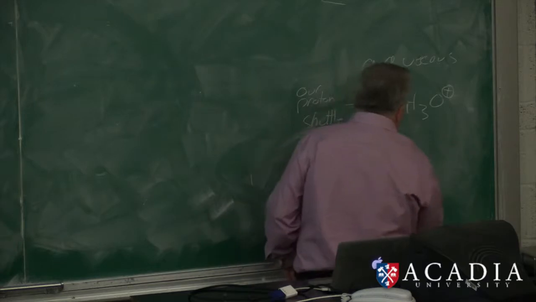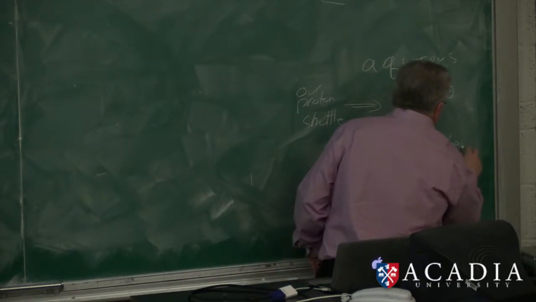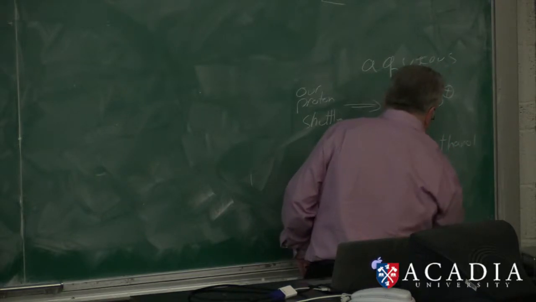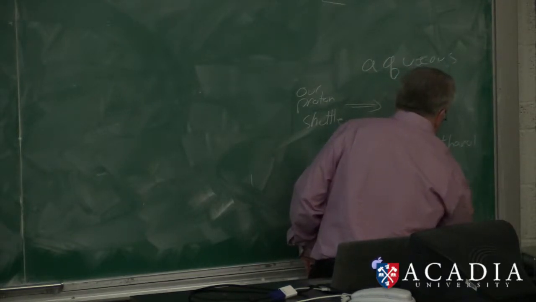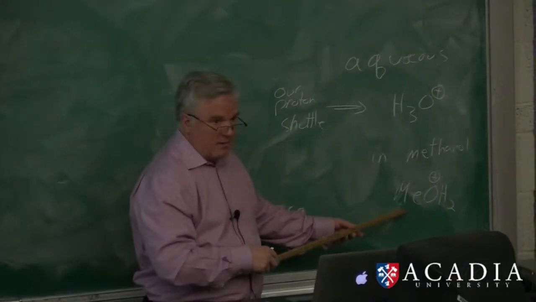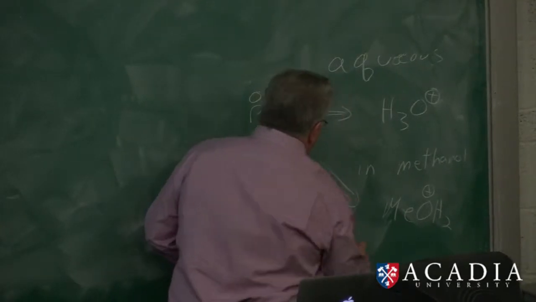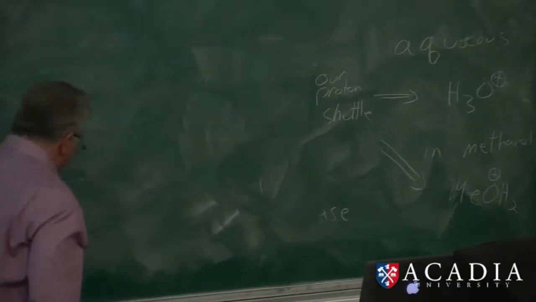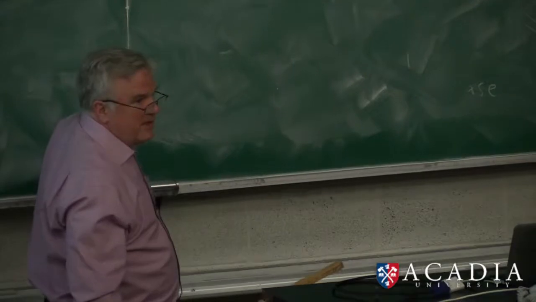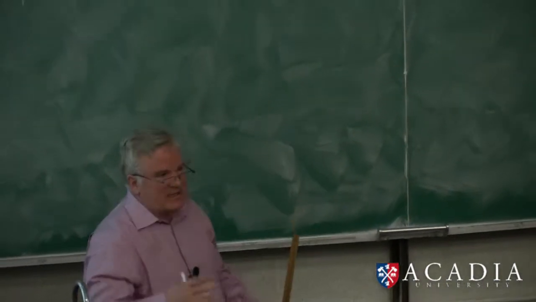In methanol, one of our hydrogens has been replaced by a methyl group, and that is our proton shuttle. Okay? So that's something to be aware of when we talk about H plus: it doesn't exist by itself.